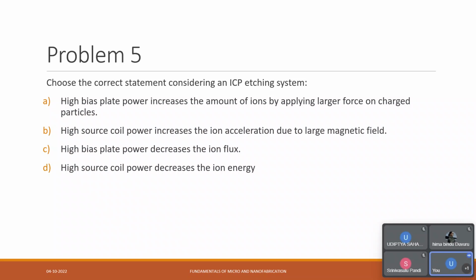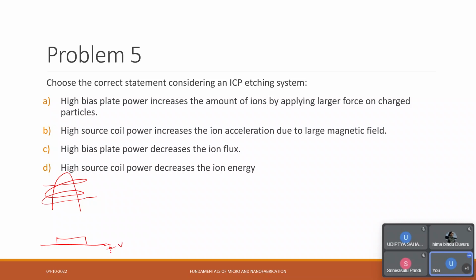Okay, just graphically, let's do it this way. Essentially in an ICP etching system, we have a dome, and we have coils here, and we have the place where we want to have our etching done, and this may have a bias.